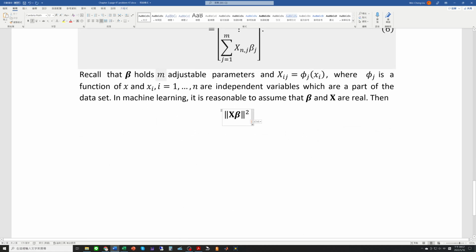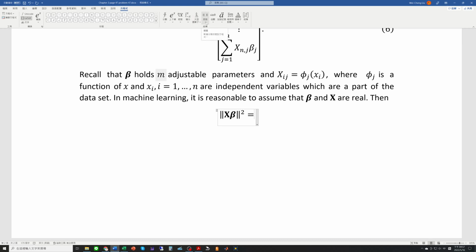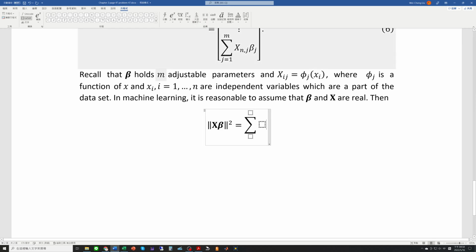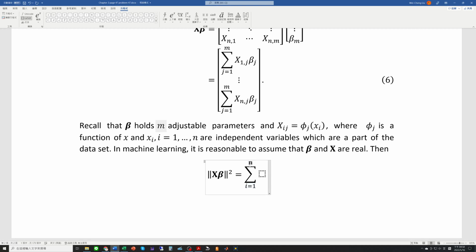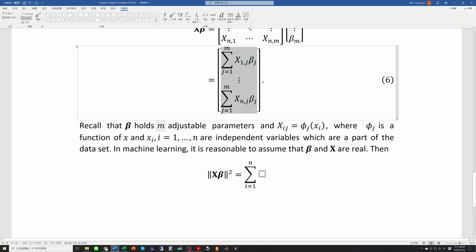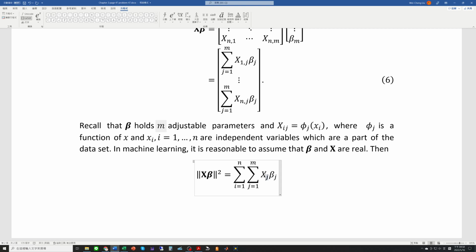Then the square of the norm of x beta is equal to the summation, i is 1 to n, and the summation, this term, j is equal to 1 to m, x_ij, the 1 should be changed to i, and beta_j.